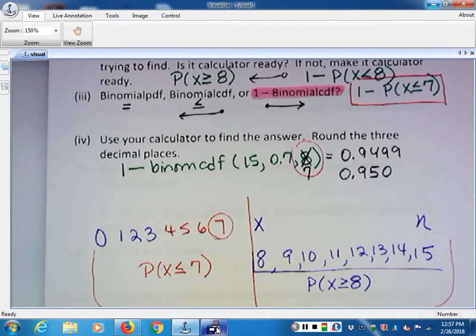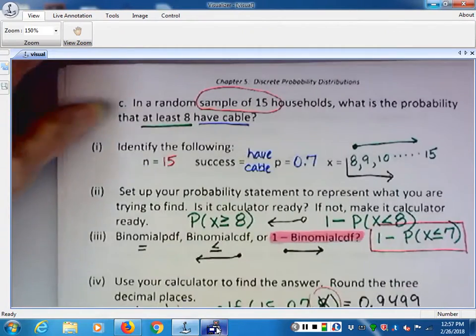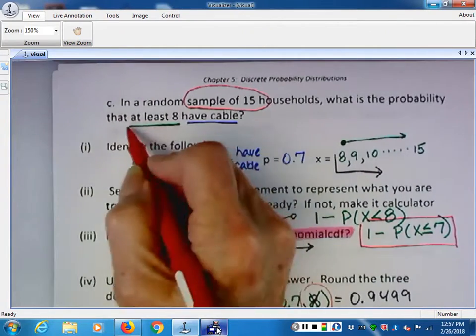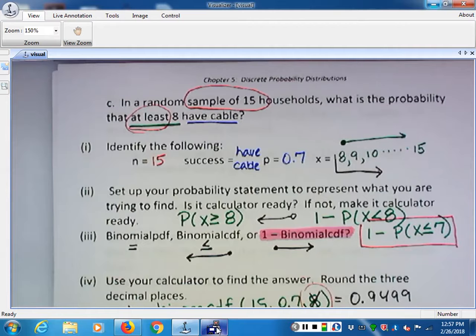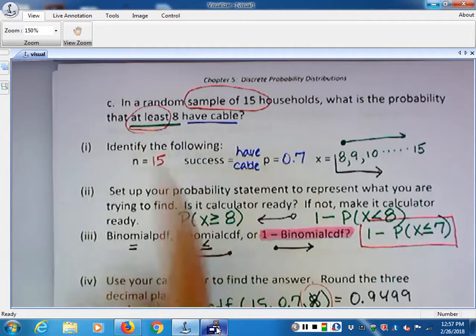Now that's going to be the hardest one. And what you'll have to remember is that one of the trigger words that will tell you is "at least." Anything that says go up, you're going to have to do 1 minus binomial CDF. And if it's at least 8, you're going to have to take the number that's less than that and go down.